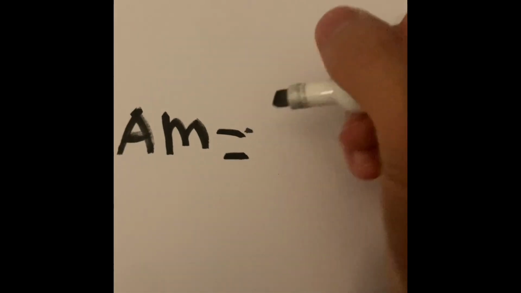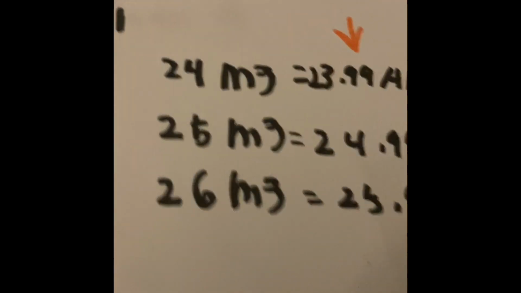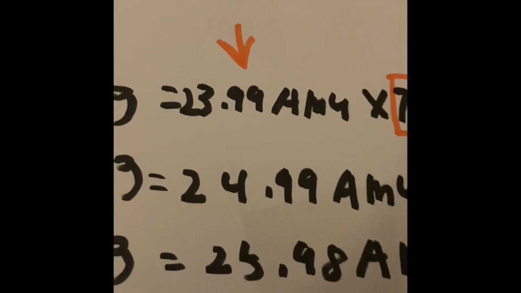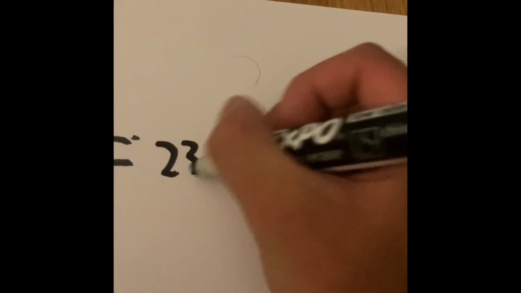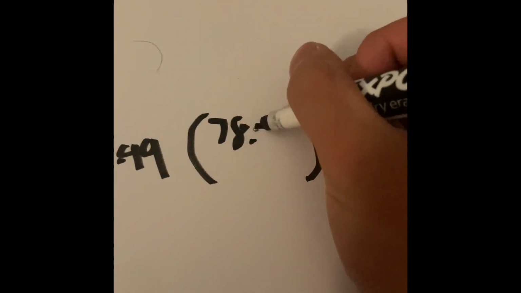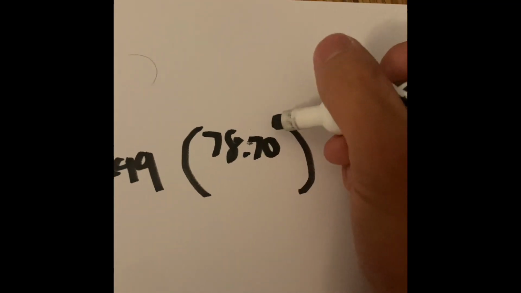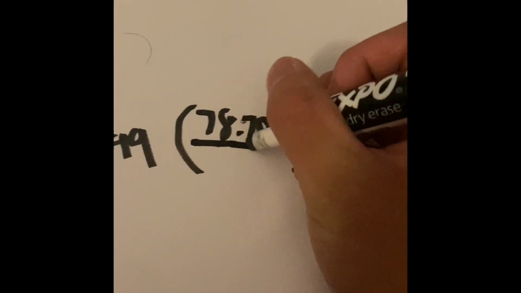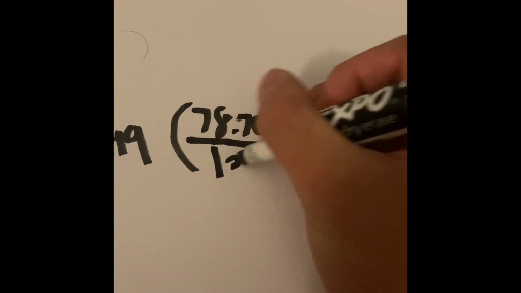The average atomic mass starts with 24 as the atomic mass for magnesium, at 23.99 atomic mass units. Then we multiply that by 78.70 as a percentage in abundance, and then divide by 100.